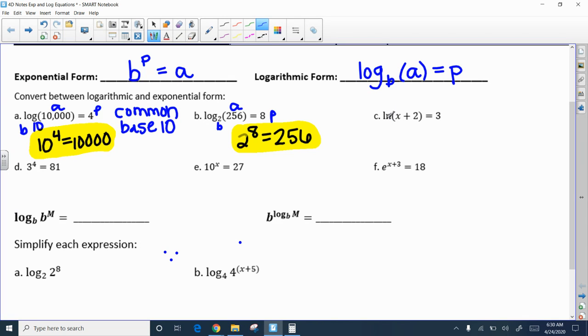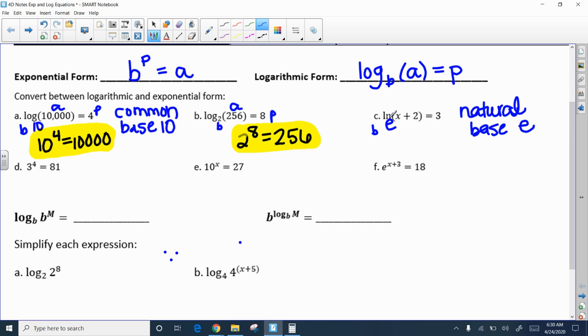And C says natural log. Remember the ln stands for logarithm natural, or natural log of x plus 2 equals 3. This is again a special one. If you see a natural log, it means the base is e. So here, even though it's not written, our base is e.